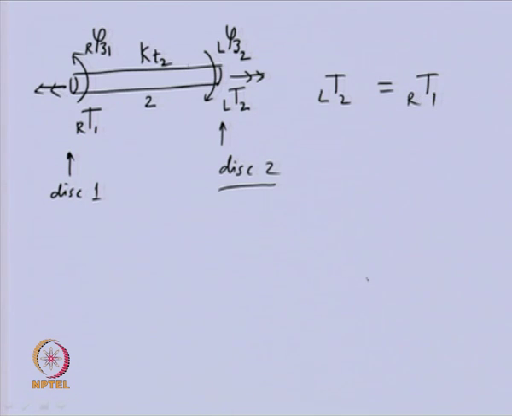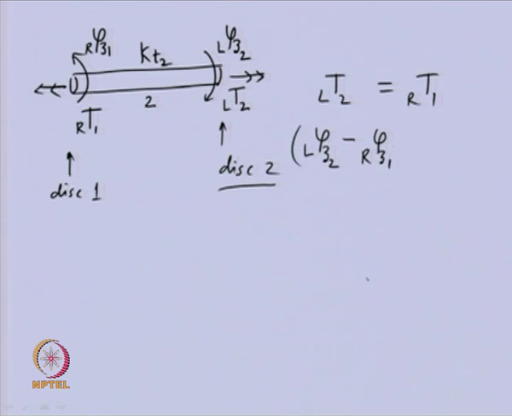And regarding the twist, whatever relative twist between the two ends of the shaft is taking place, I am representing that as, let us say, angular displacement left of 2 minus angular displacement right of 1.